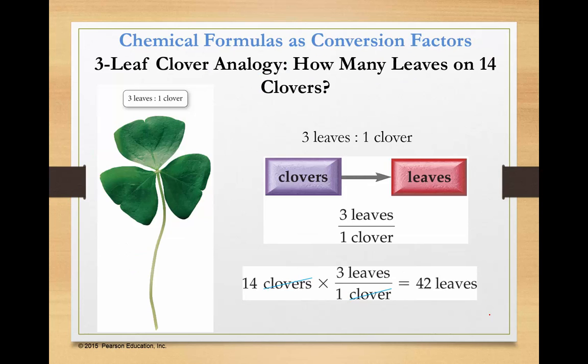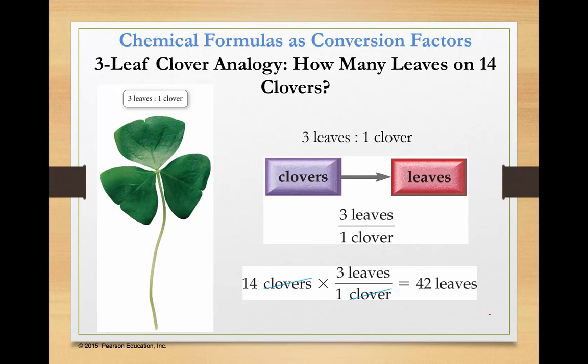Another analogy that you could use, that your book uses, is that of a 3-leaf clover. If I have 3-leaf clovers, how many leaves do I have on 14 total clovers? You don't really probably need to think about it very much to figure that out. You know what to do with that. You've got 14 clovers, there's 3 leaves on each one. You multiply 14 times 3.